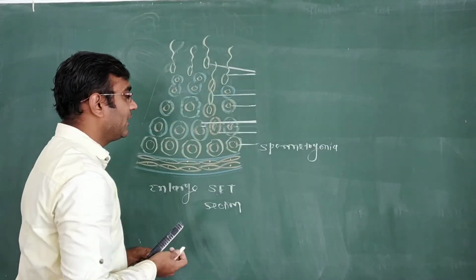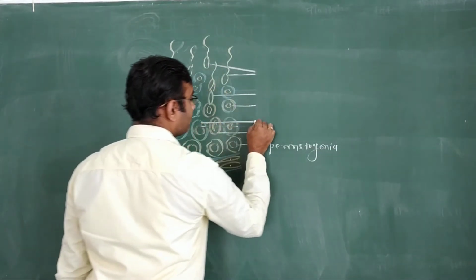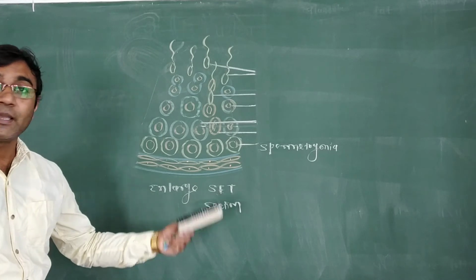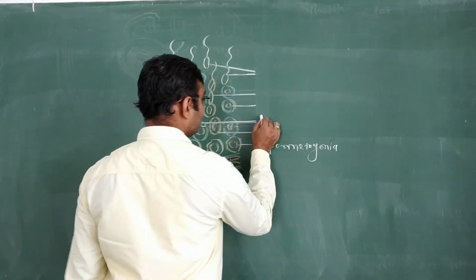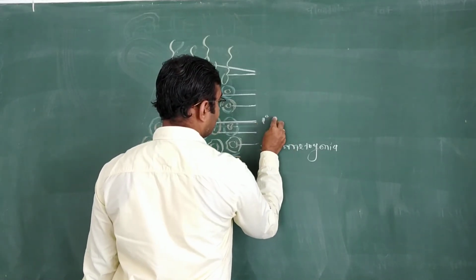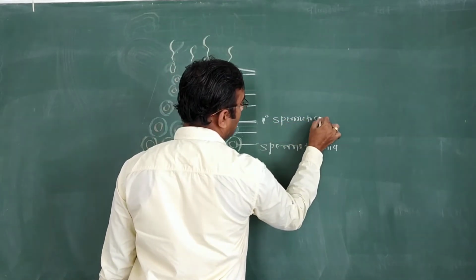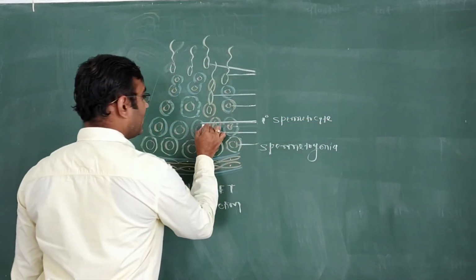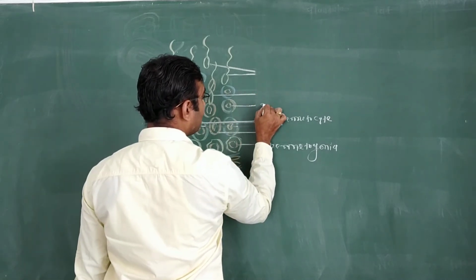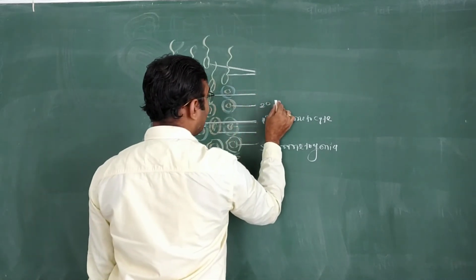Spermatogonia divide and mature, producing primary spermatocytes. Primary spermatocytes divide and produce a row of secondary spermatocytes.